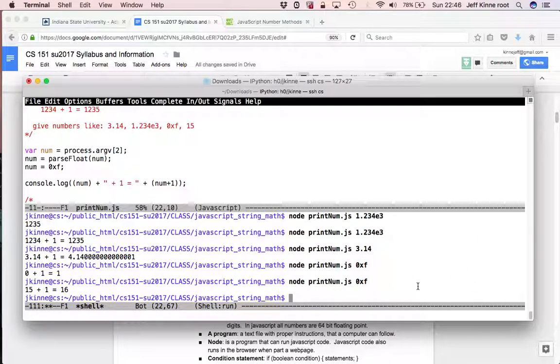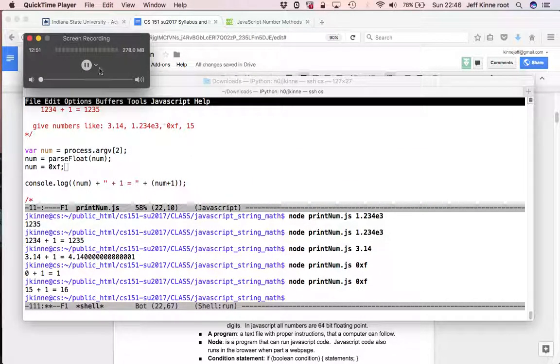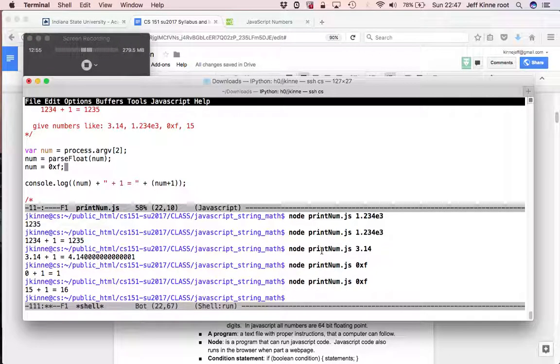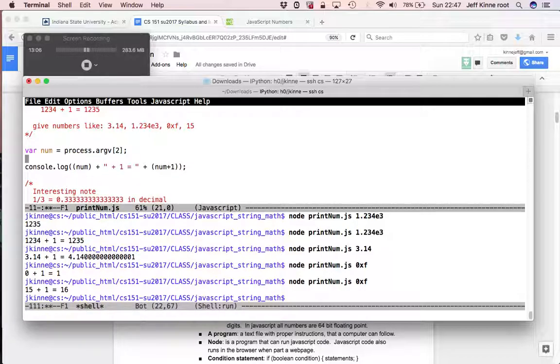Okay, so that looks like we, let's pause for a second. Right, so we can do that in the code, but apparently not the parse float. Right, parse float wouldn't do that. Let's try it with parse int, because there's both options.